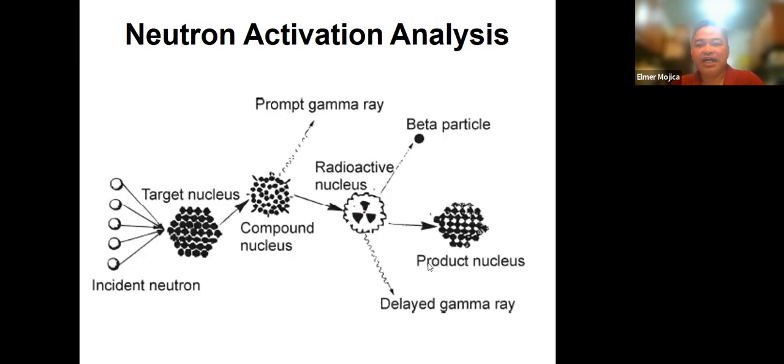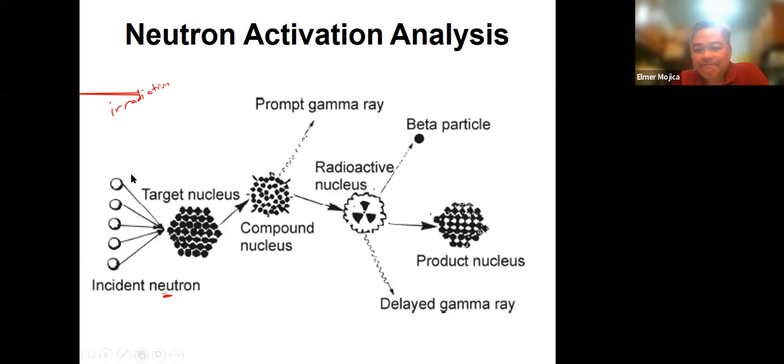So if you look at the principle here, the technique of neutron activation analysis, you could see you have neutron responsible for the activation of the reaction. So we could say it has two steps. One is the so-called irradiation, okay? Since you have neutron here, you irradiate your sample with neutrons, and then the subsequent measurement of the induced radioactivity.